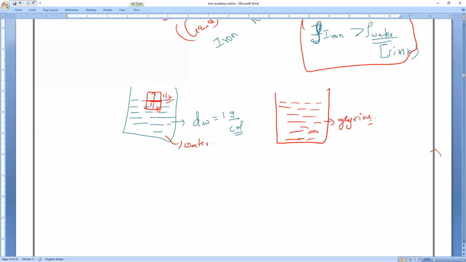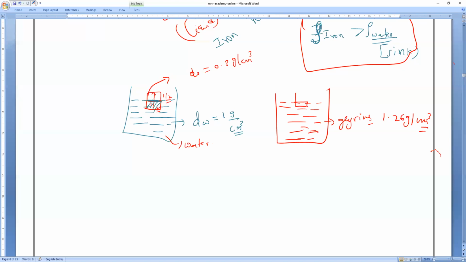The glycerin density is 1.26 gram per cubic centimeter. Now, the object which is immersed has a density of 0.3 gram per cubic centimeter. Now, what is the immersed portion, everybody? Half.